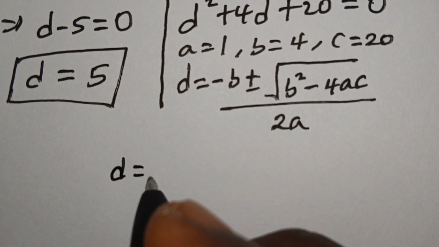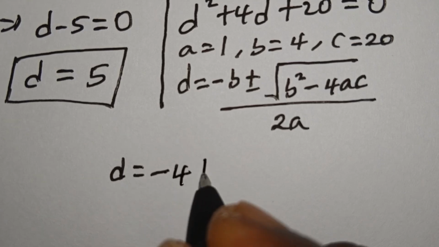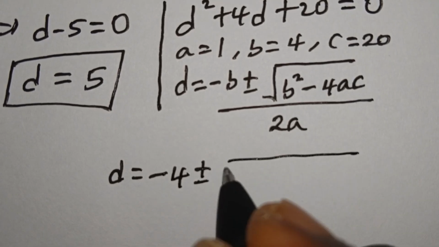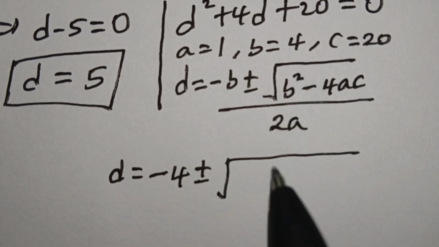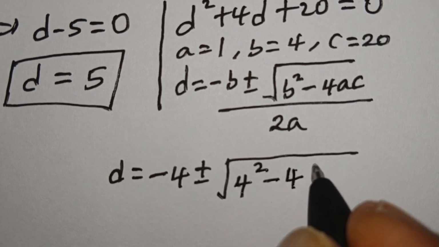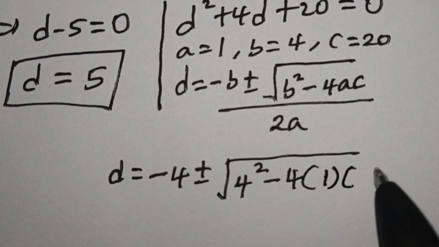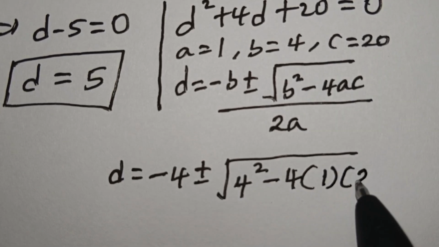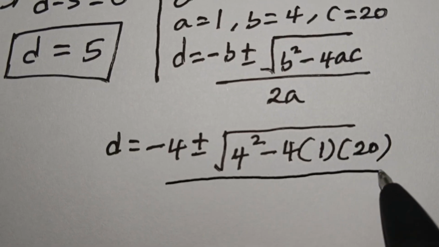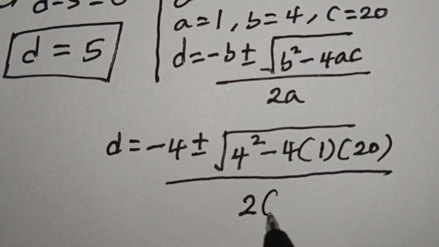D equal to minus, what is B? B is 4, plus or minus square root of B square, that will be 4 square, minus 4 into, what is A? A is 1, into, what is C? C is 20, divided by 2. What is A? A is equal to 1.